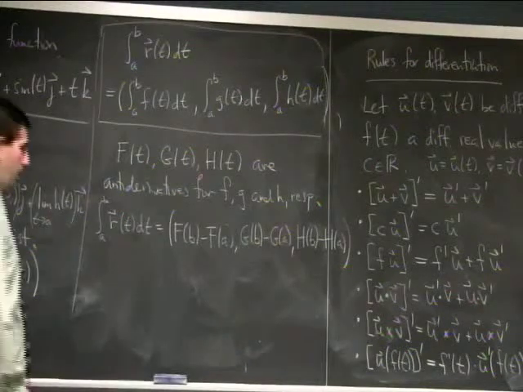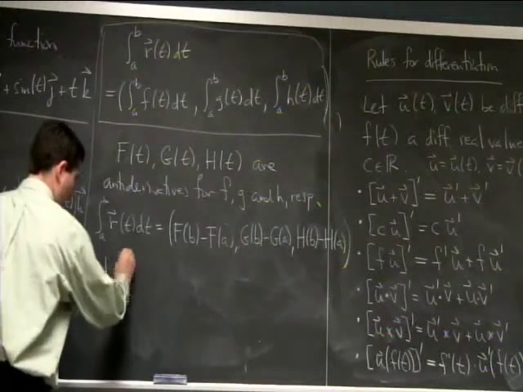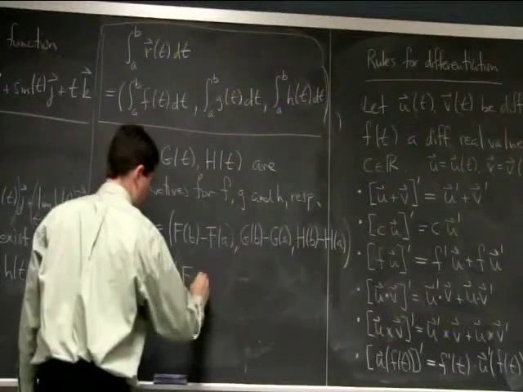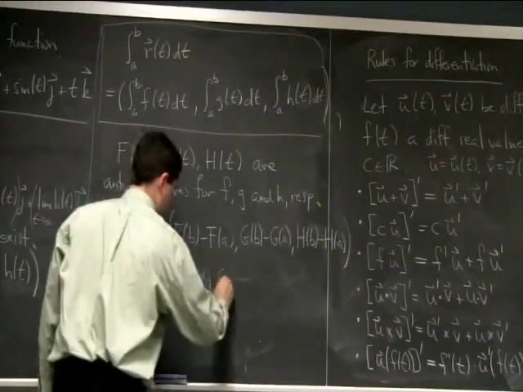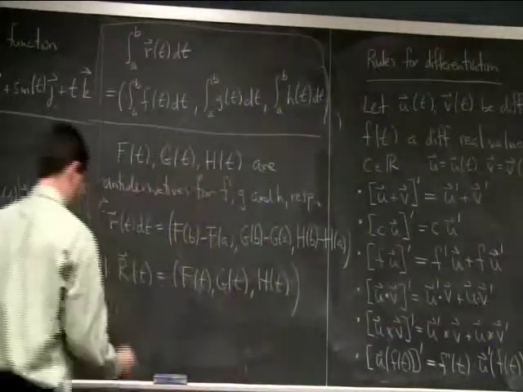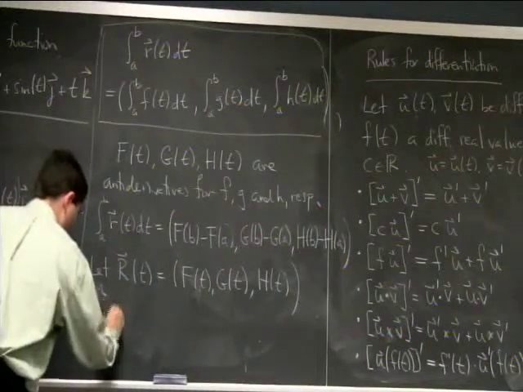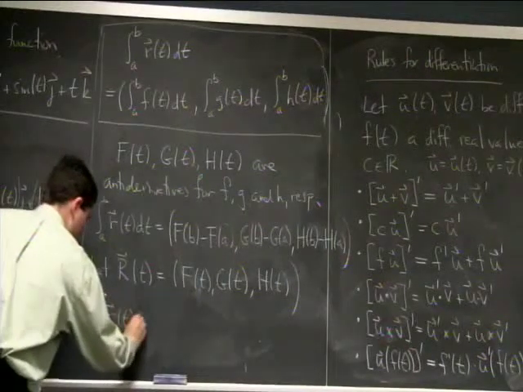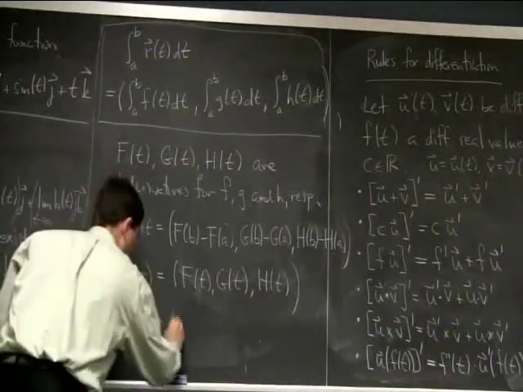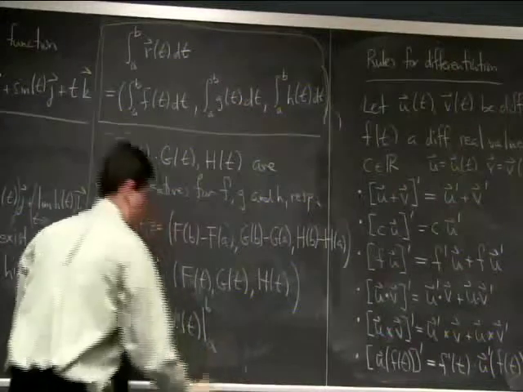So it makes sense to let big R of t equal big F of t, comma, big G of t, comma, big H of t, so that the integral from a to b of r of t dt equals big R of t evaluated at b and a.